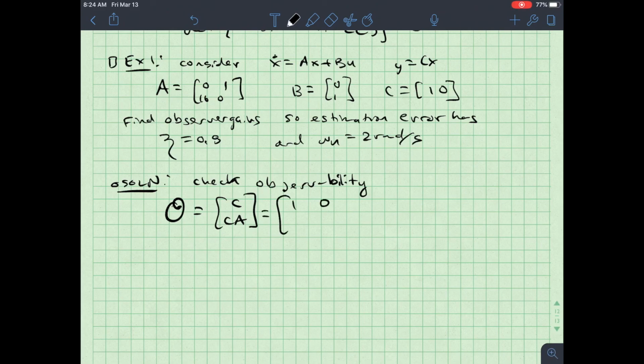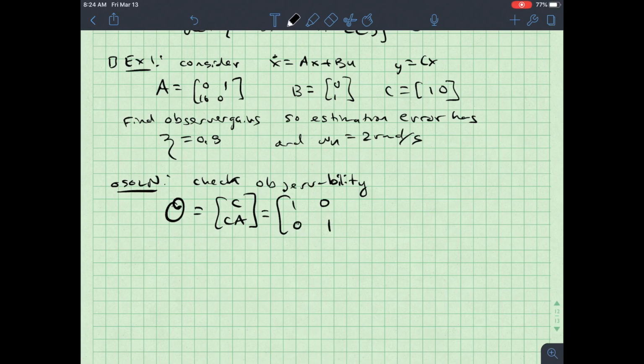And then if I take C times A, C is 1 by n, then I've got n by n, so I should get a 1 by n back. And what I get is 0, 1.